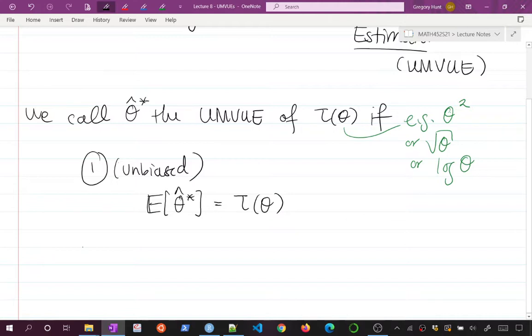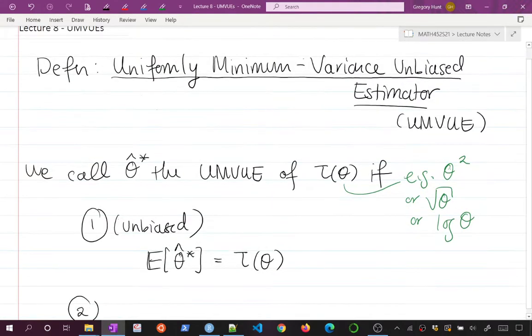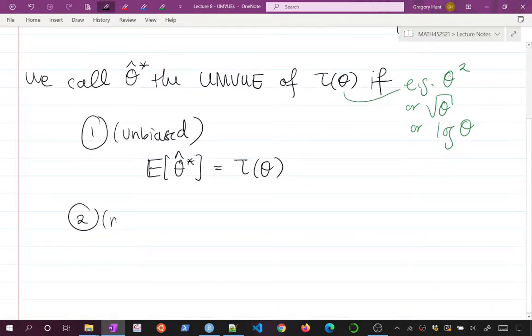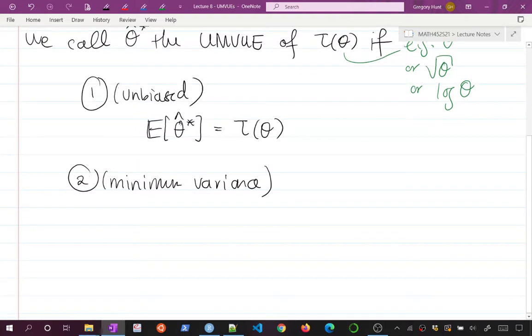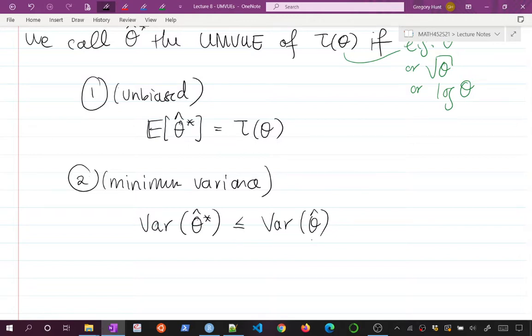Cool. And the second condition: it's unbiased, and it also needs to be minimum variance. So not too hard to remember. Minimum variance. And this condition, we can say, is that the variance of our best estimator, theta hat star, is no greater than the variance of any other unbiased estimator, theta hat.